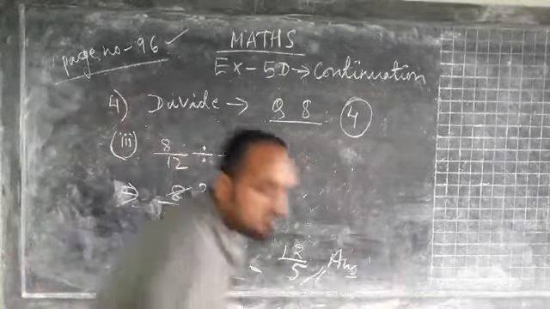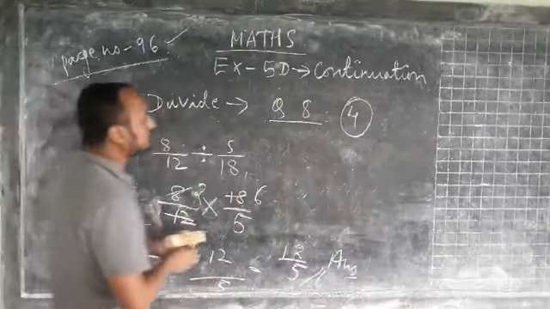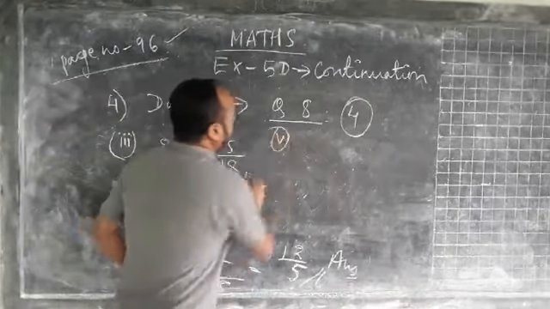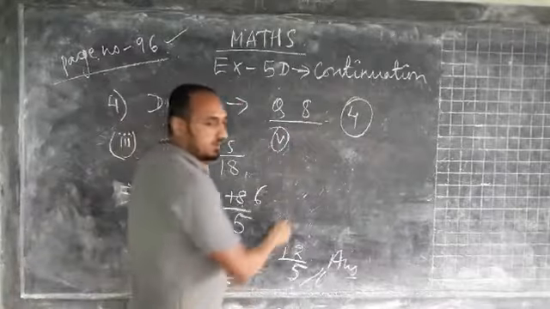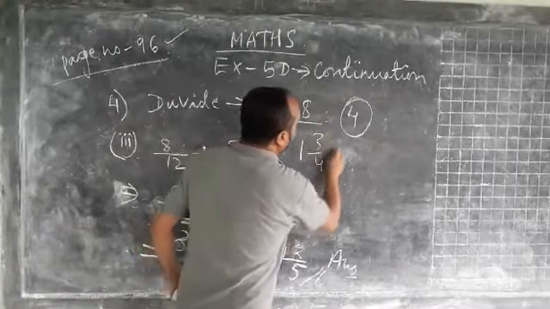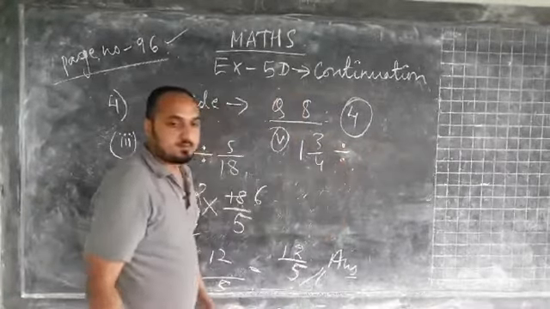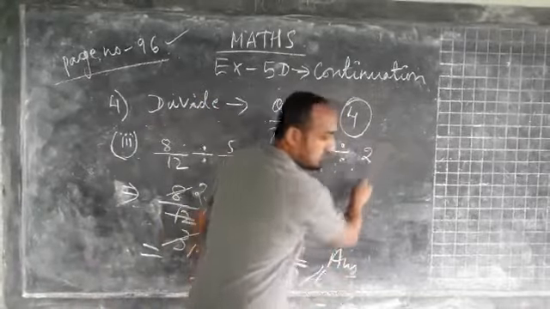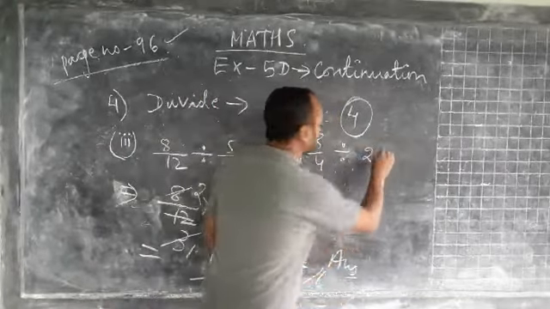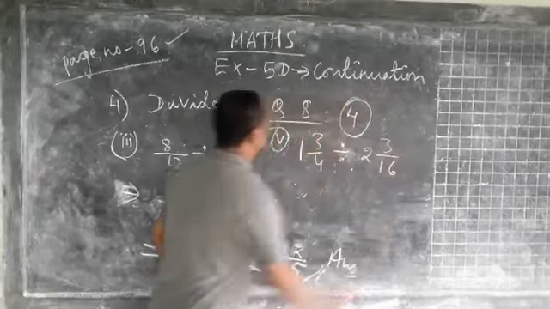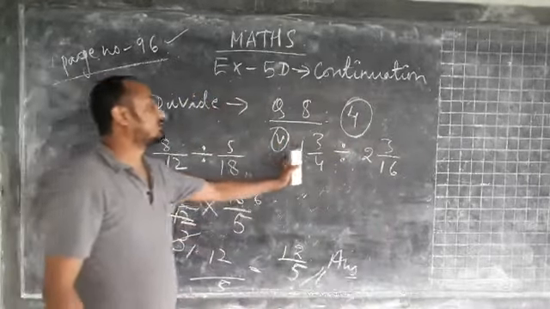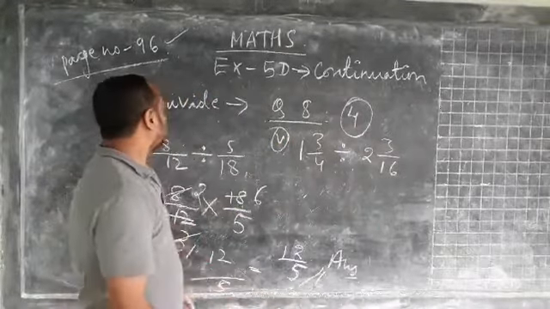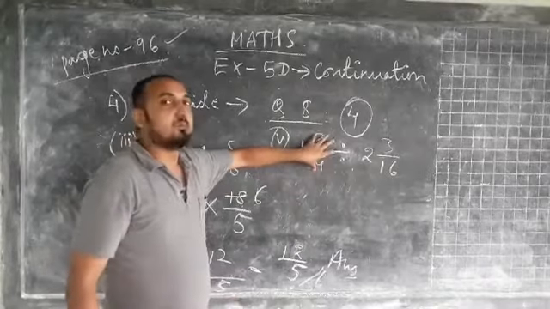Now next question, question number 5. We have 1 3 by 4 divided by 2 3 by 16. Here also we have to do the same thing, but the difference is that the number is given in a mixed fraction.